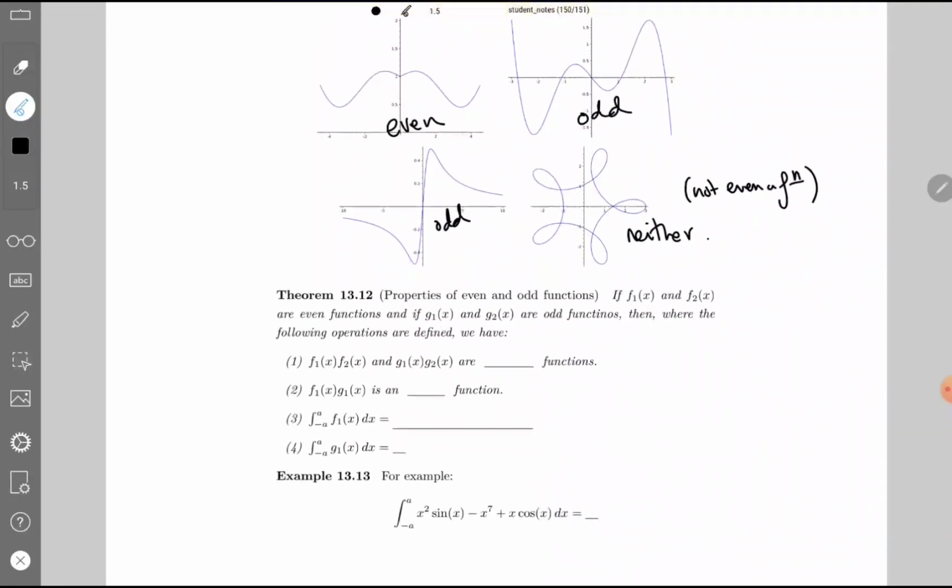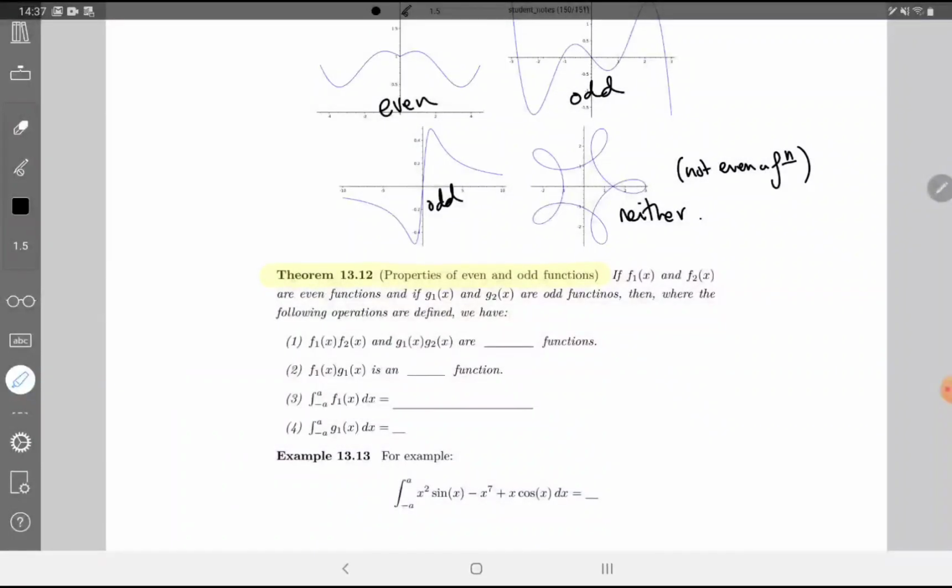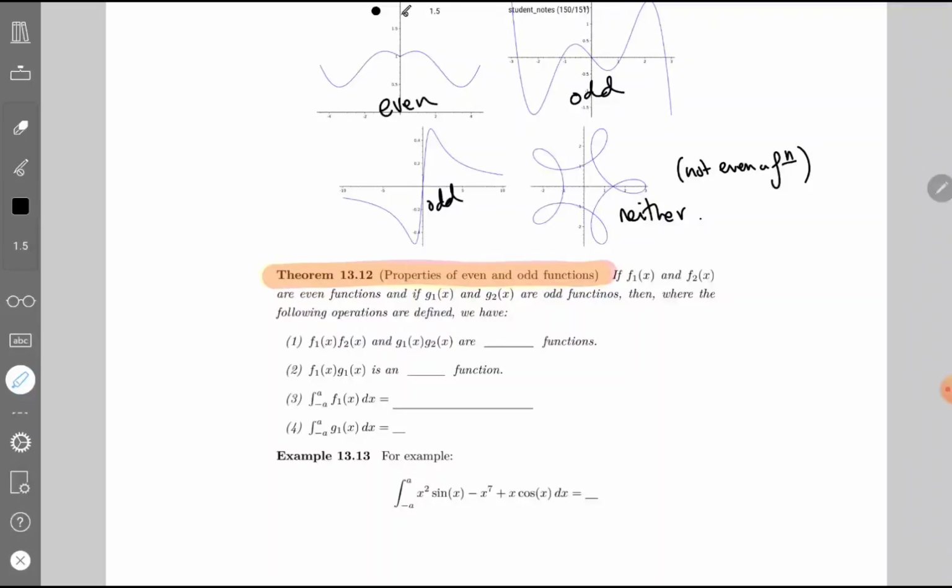And so some things we note right off the bat is that if I have two even functions, I want some properties. Let's have f and f be even, and g and g be odd.